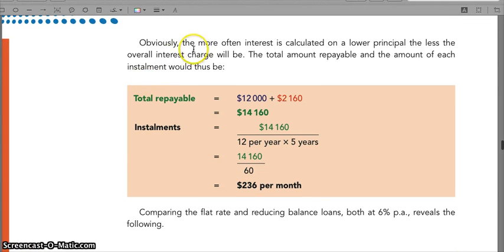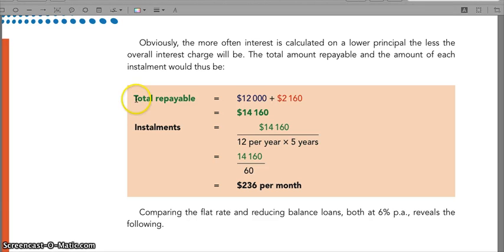More often than not, the interest is calculated on the lower principal, the less the overall interest will be. As the principal reduces, the amount of interest that we're paying on that principal is reduced.